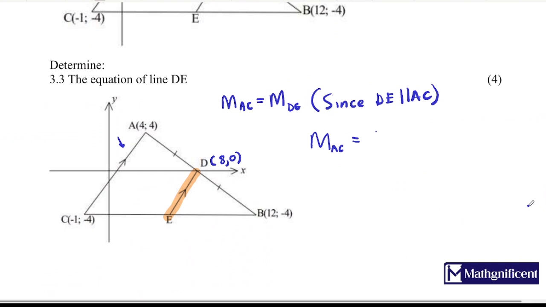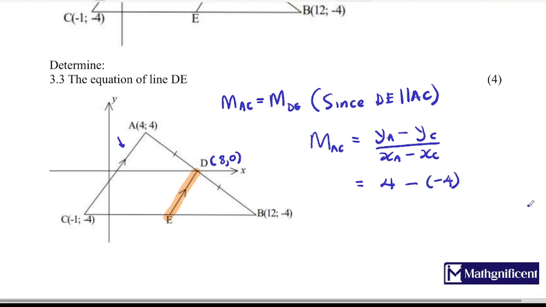We have the y value of A minus the y value of C, divided by the x value of A minus the x value of C. What's the y value of A? You can see it is 4. Then the y value of C is minus 4.